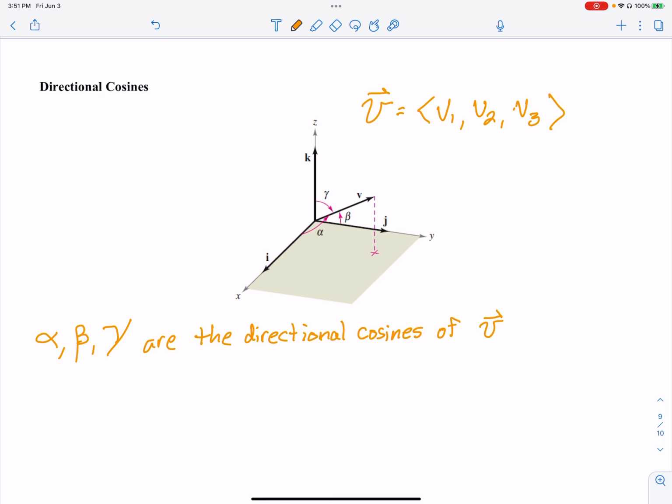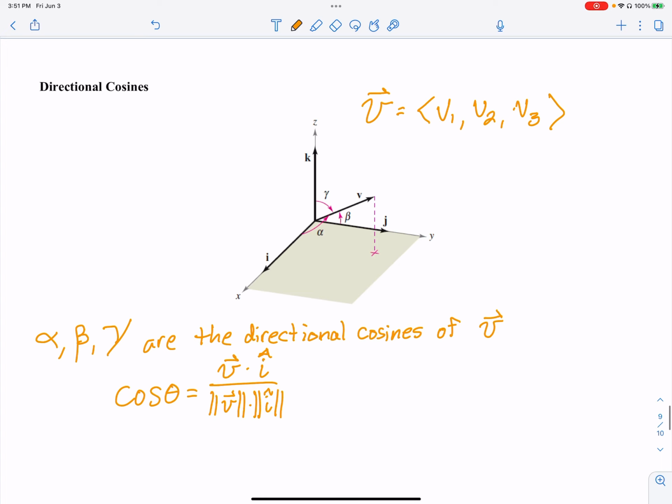If I'm trying to find the angle between v and i, both of those are vectors, so I can just use our definition. Cosine of theta is v dotted with i all over the magnitude of v times the magnitude of i. I should have a hat, not an arrow.